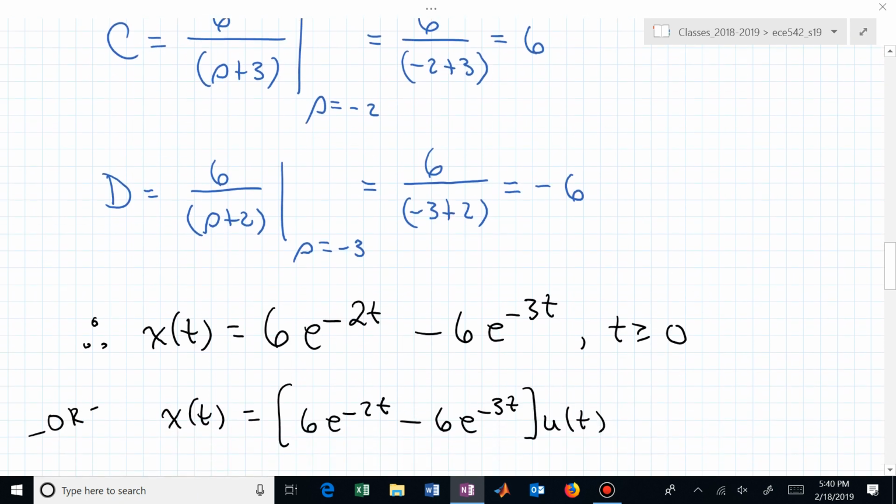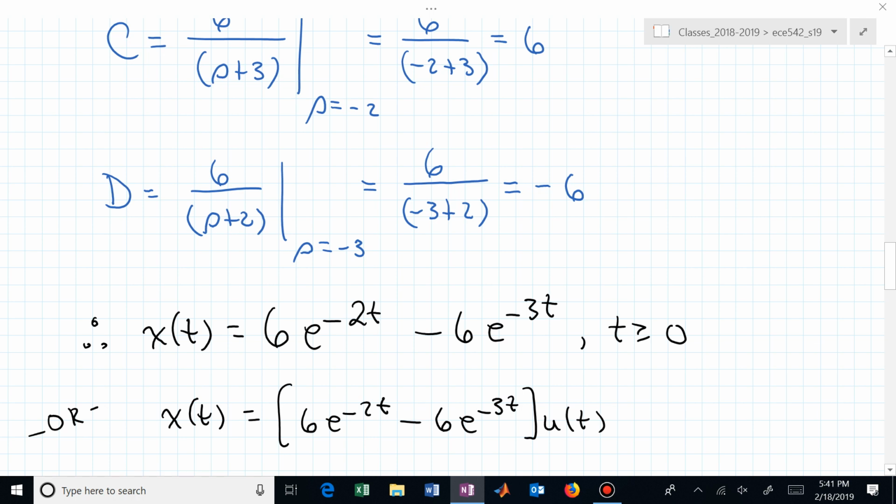But this is what we end up with now with the particular value for C and D, and we could write it two different ways. We could write it with this comma and say, oh, this is for non-negative time, or we could put a compact form together and use the unit step as a switch.